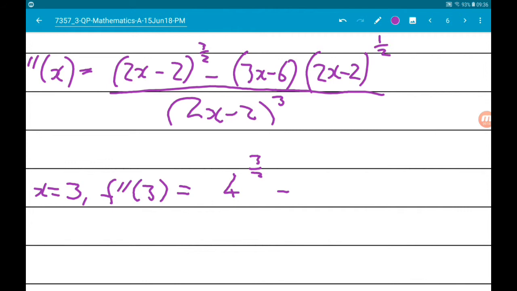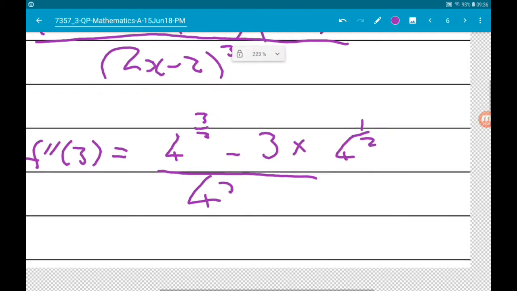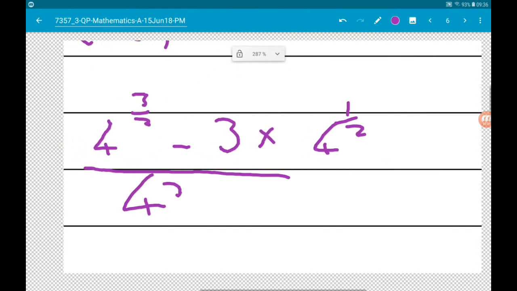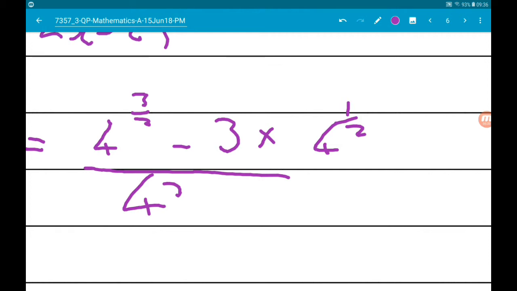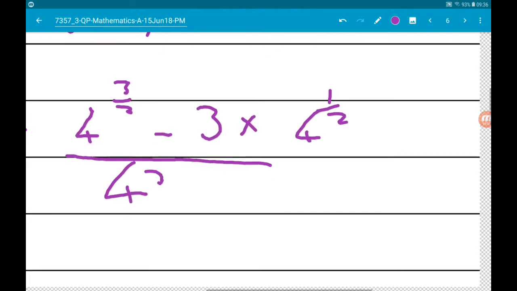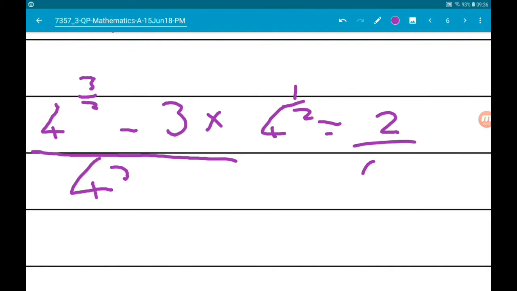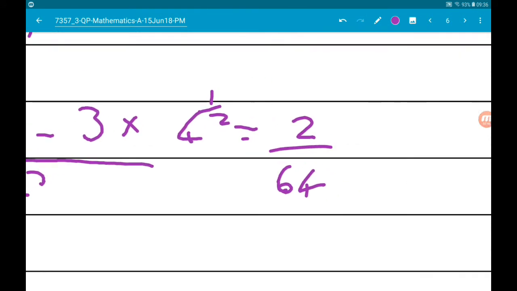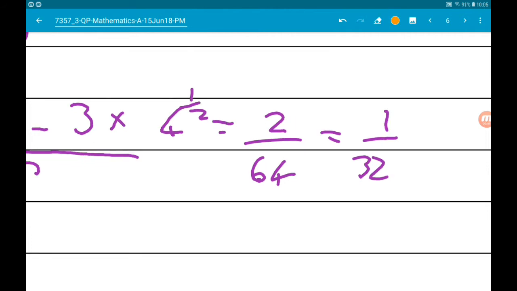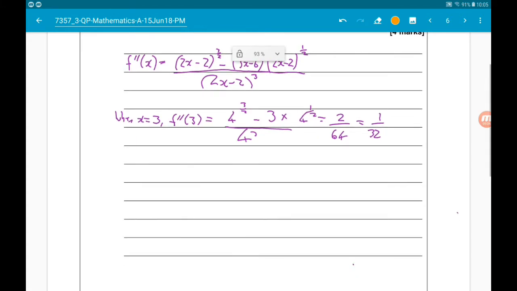No, it's not: 3 times 3 is 9, minus 6 is 3, times 4 to the 1 half, all over 4 cubed. Now that's going to give us 4 to the 3 halves is 8. So we got 8 minus 6, which is going to give us 2 over 4 cubed, which is 64, which is 1 over 32.